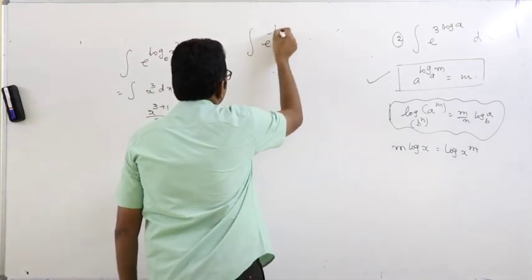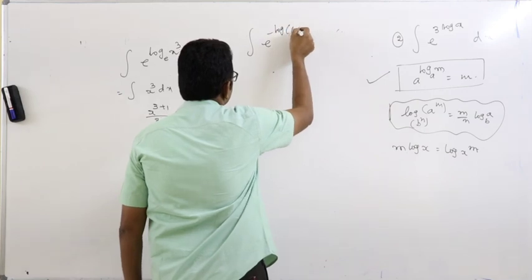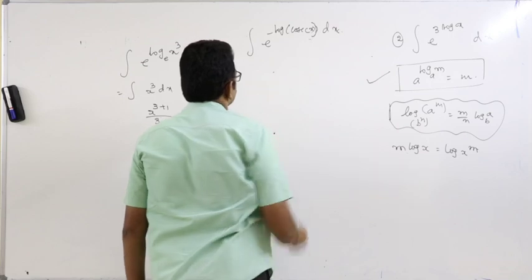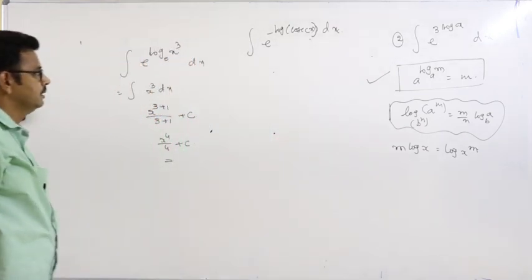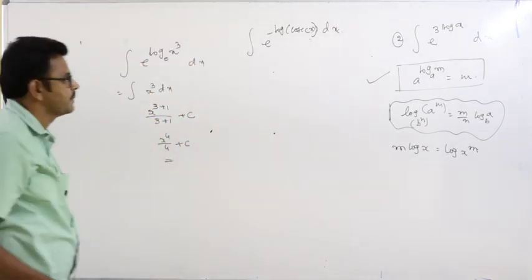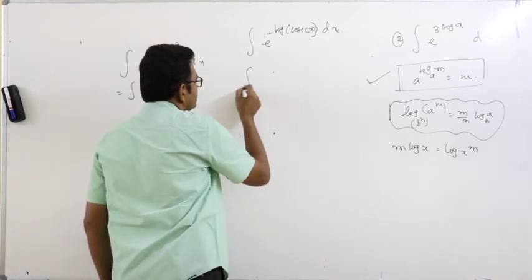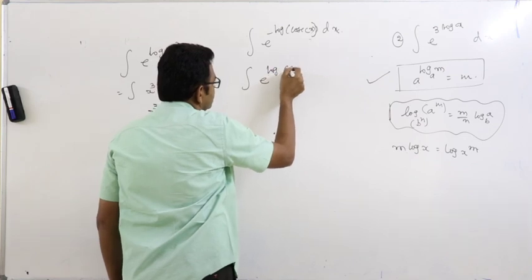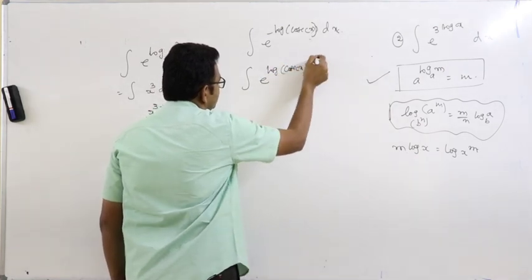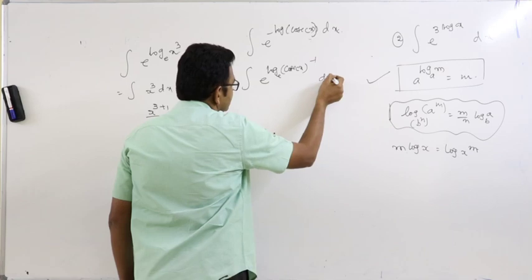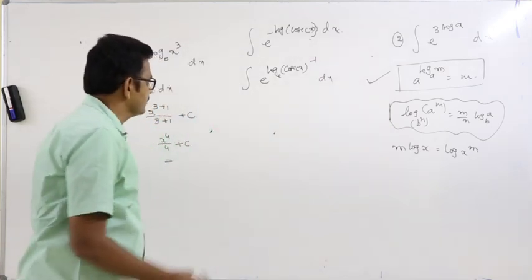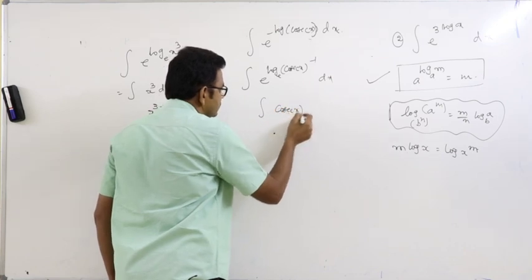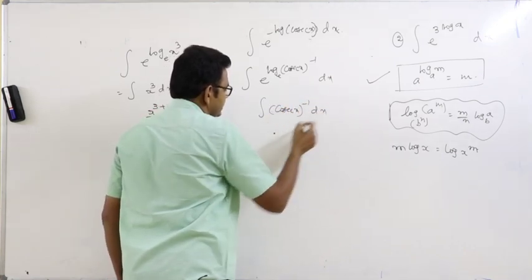Integral e power minus log of cosecant x dx. So this is also e power minus 1 log of cosecant x, that is log of cosecant x whole power minus 1 base e dx. That is equal to integral cosecant x whole power minus 1 dx.